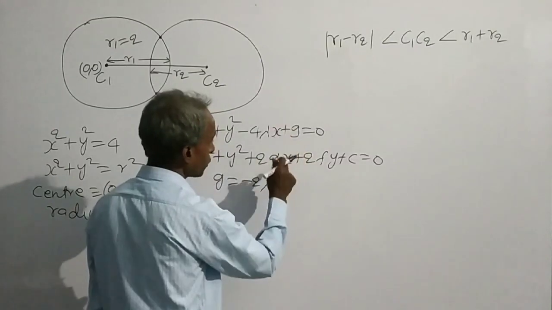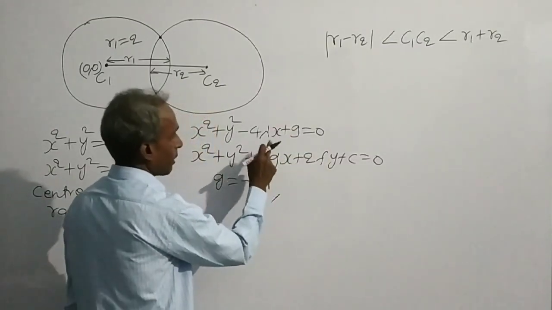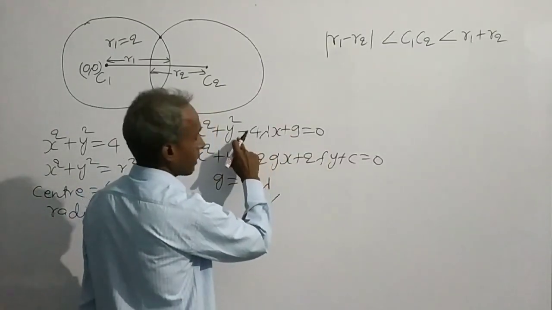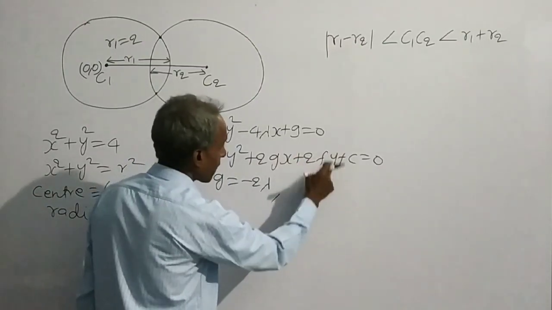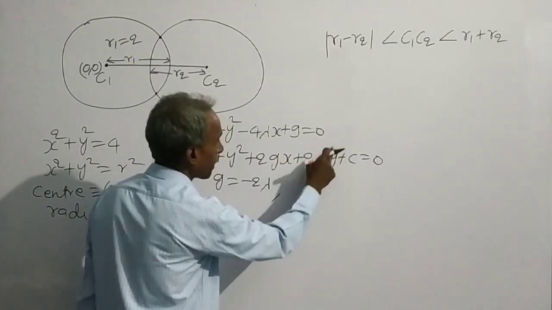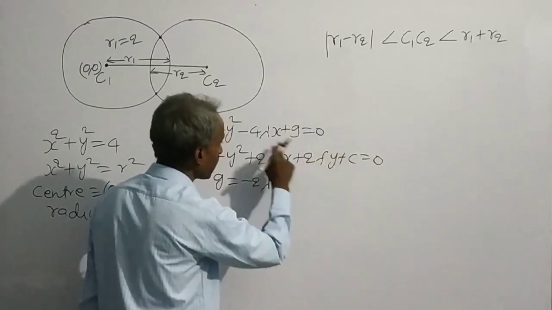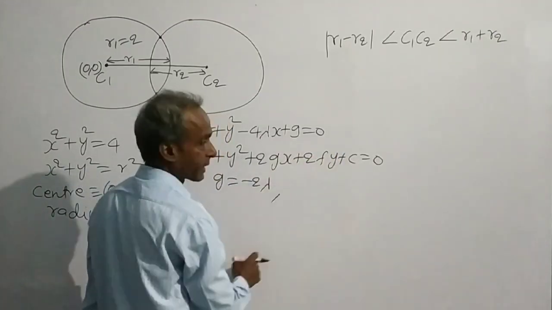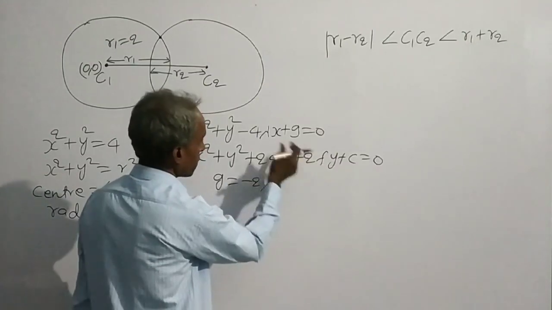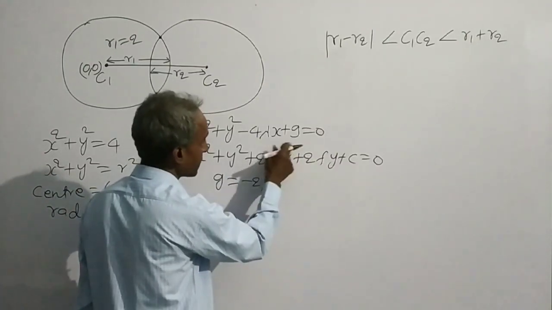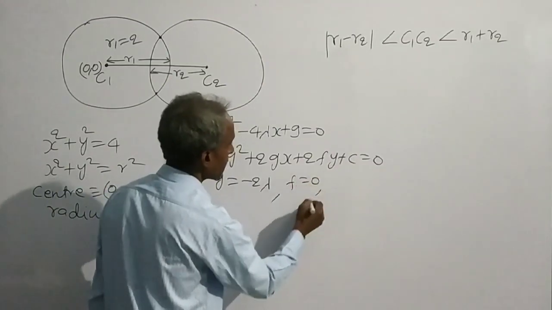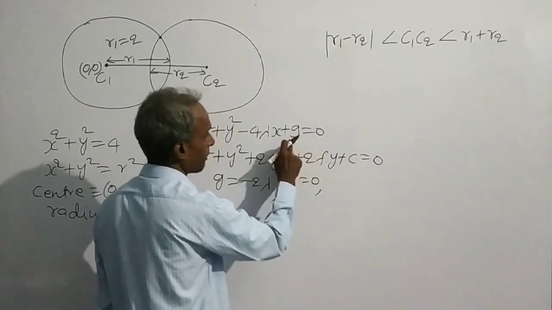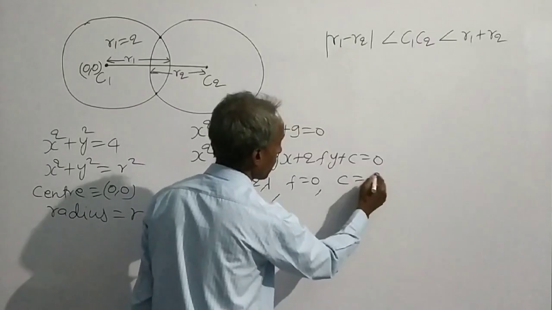F is equal to 0 because the term of y, term of power 1 over y, is absent in this equation. That means coefficient of y in this equation is 0, so f is 0. And c is the constant number, therefore c is equal to 9.